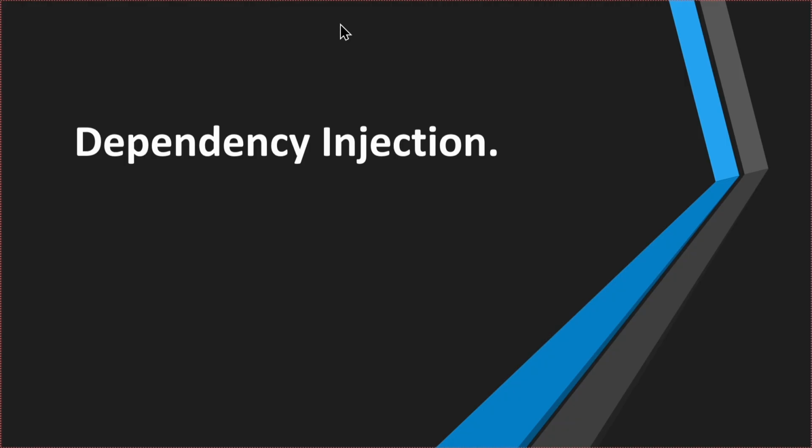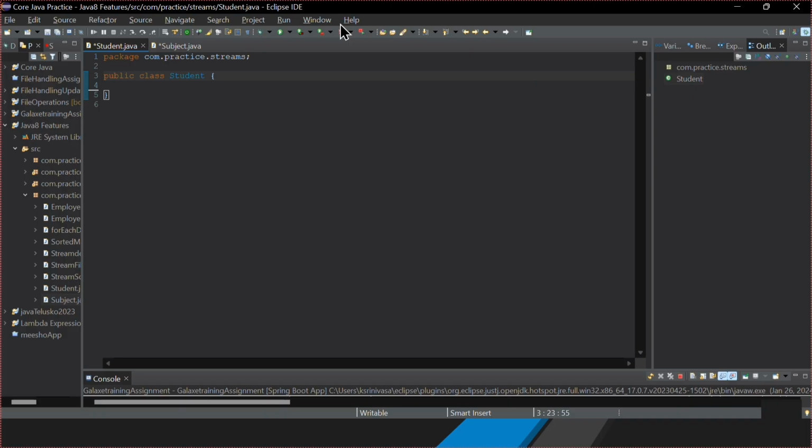We'll go to our Eclipse and see what this Java Bean is. So we have this basic student class. We will define some properties such as name, the name of the student. We will define the age of the student, int age.